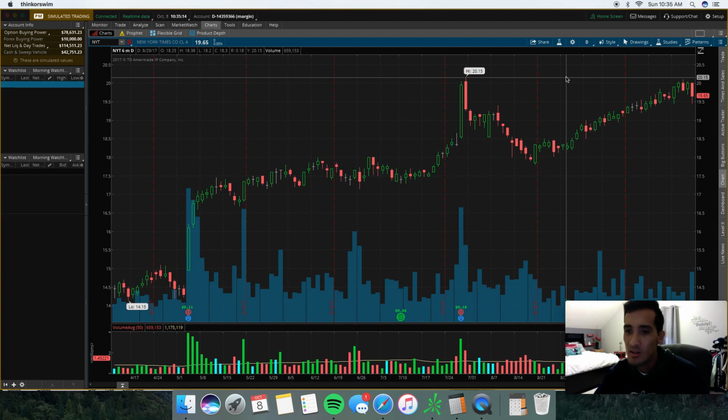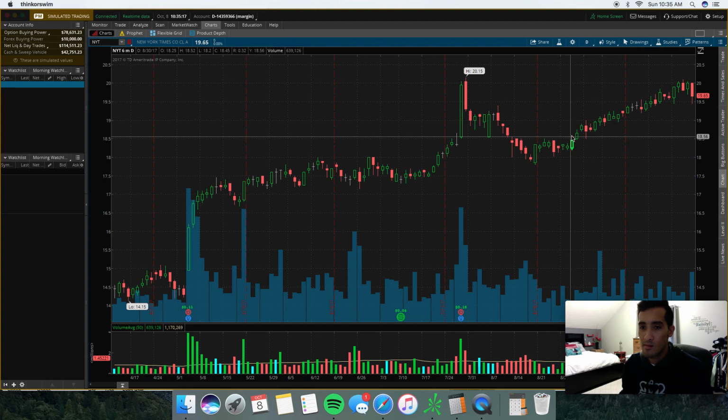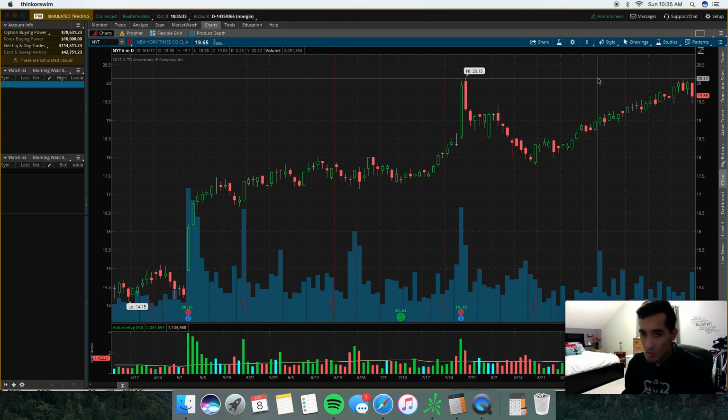It's not as good as I like it. Because after it breaks this 2010, 2011, it's going to break this 2015, which I think it will, but it's a big U formation. I like that it's consolidating right under it, but it's not exactly what we're looking for. So if it's not perfect, then I'm not getting in it. It does look good, it could succeed, but it is not the pattern we're looking for.